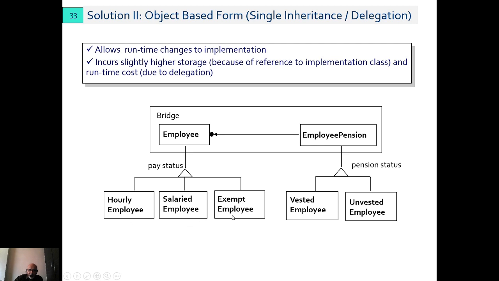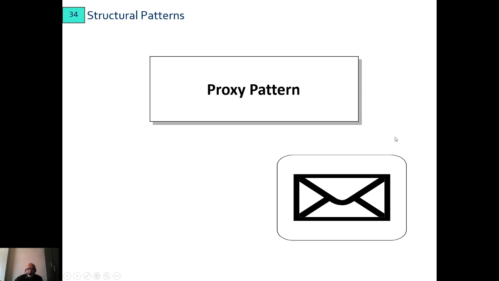And these three categories are indicating the bifurcation of the hierarchies for the abstraction for employee, and employee pension for vested and unvested. This is what is about the pension status. You can have other things also in consideration here. So the bridge has been formed between the abstraction and its implementation. Decoupling happens here.